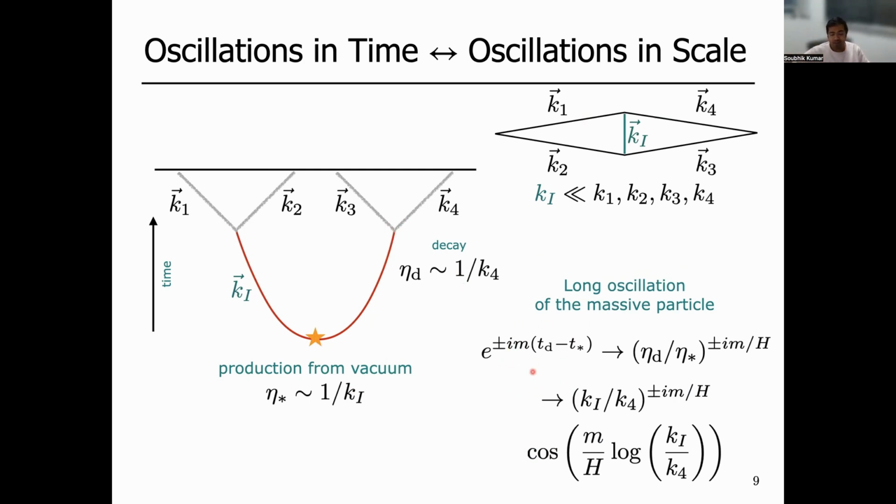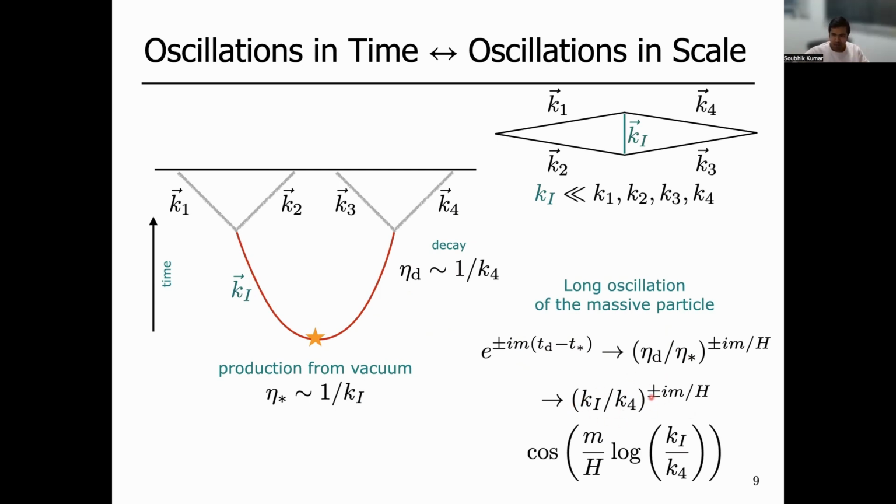And one thing that we know from quantum mechanics is that any massive particle propagation can be described by some factor of e to the imt. So this is basically the time difference between the production and the decay. And if you express this cosmic time in terms of conformal time, and then use this relation between the momenta and conformal time, you can show that this kind of process would have some sort of non-analytic momentum dependence of this kind.